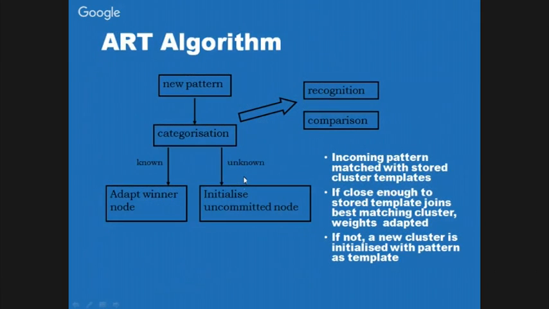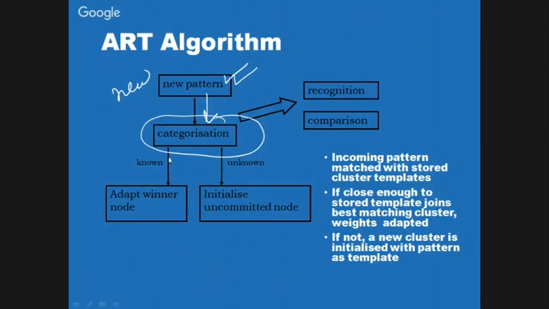So here I have given just a diagram. This is in black color, and anyway, I am just describing this. This is our new pattern, the input that is coming. Here we do the categorization. What categorization?